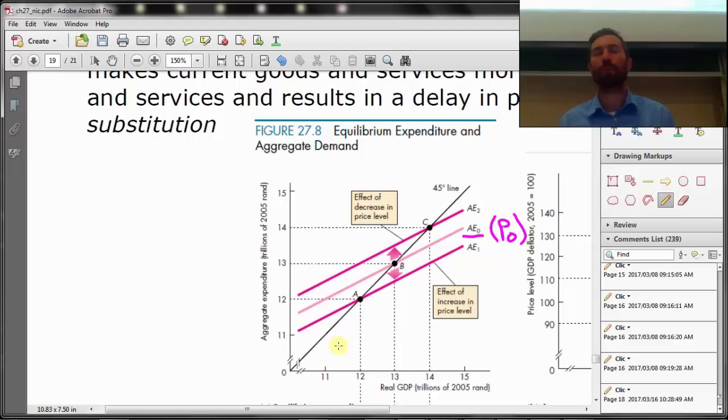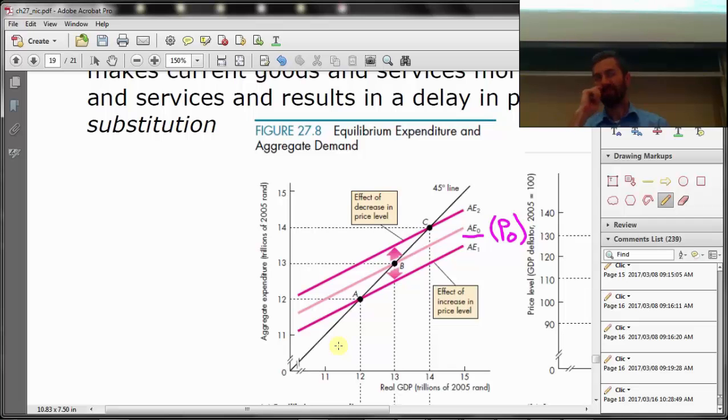So if the price level jumps suddenly, what we're saying is that current goods now suddenly become more expensive relative to future goods if we don't expect this price jump to be a regular thing, right? So then we say, right, let's rather delay our purchases now, just see what happens, because maybe goods will be a little bit cheaper in the future.